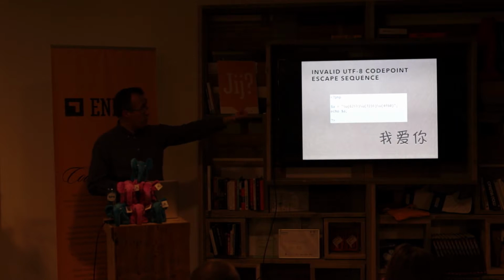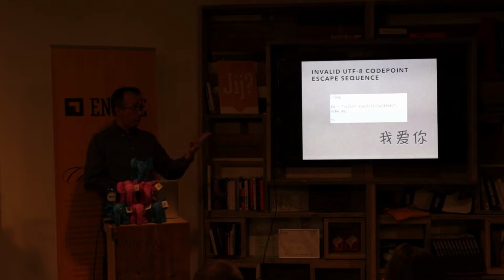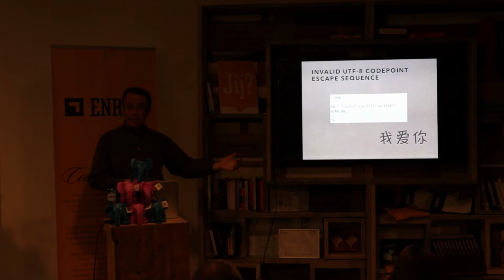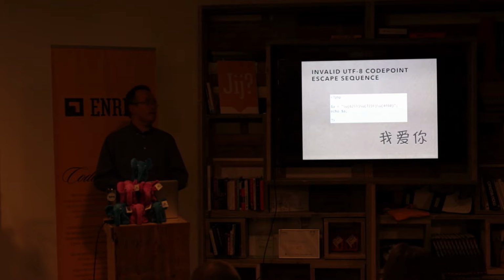We have the number here, which is in hexadecimal, and PHP will understand the \u, curly braces, whatever is inside that can be turned into a Unicode sequence, and then the final curly brace. Okay, and that works pretty well.